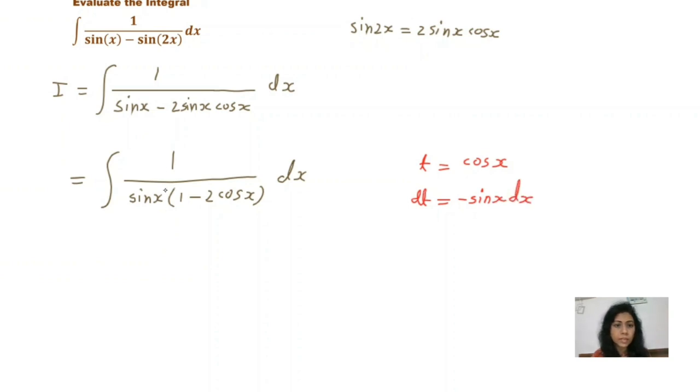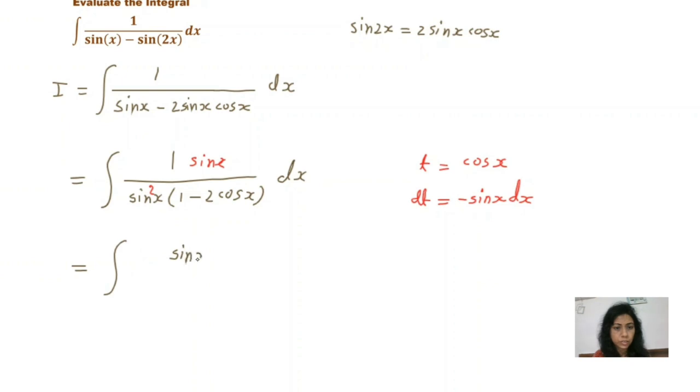But here sin x is in the denominator, not in the numerator. So in both numerator and denominator we can multiply with sin x. When we multiply sin x, we get sin square x. Now we can change this a little bit.